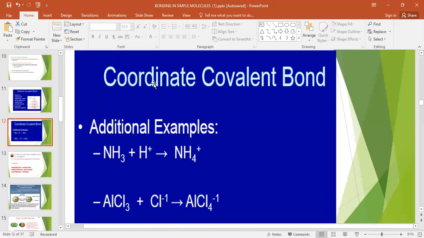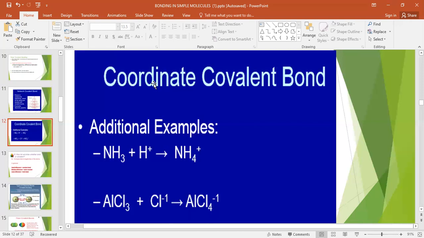When this nitrogen shares a pair of electrons with positive hydrogen, we show the sharing in this way with the arrowhead, not with a single line. Why? Because this arrowhead with a lone pair we call a dative bond. Actually, there is bonding. You can write like this also.